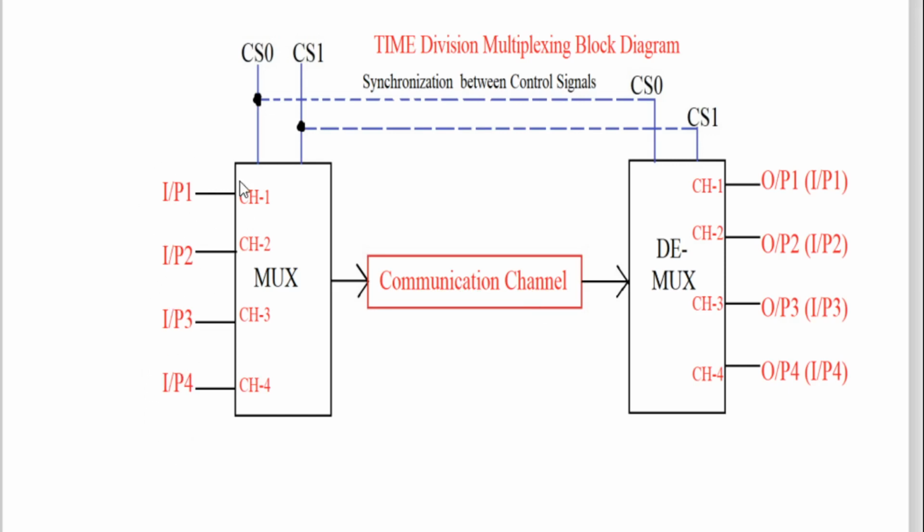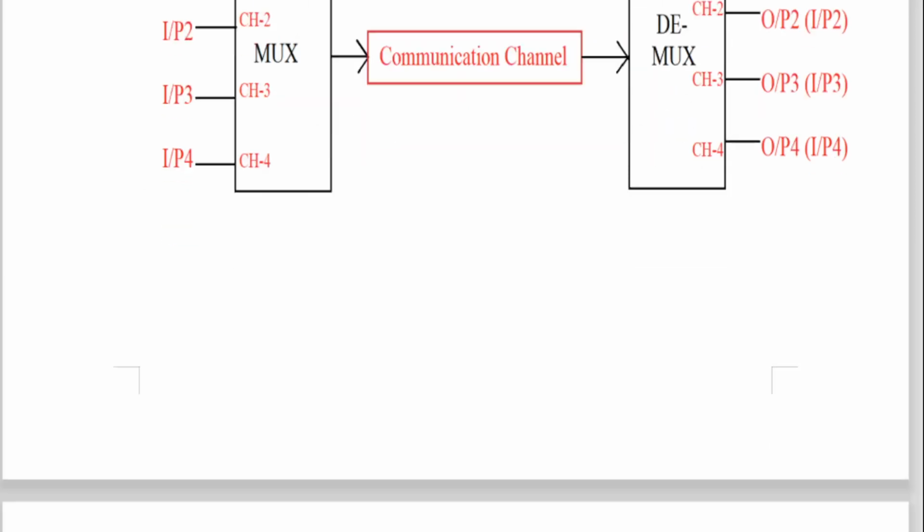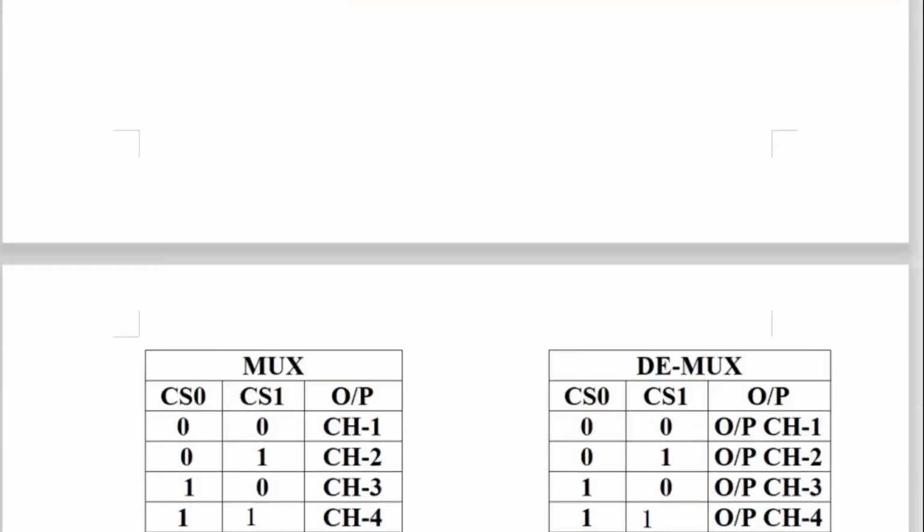Actually speaking, each information signal requires 4 kilohertz, so the total is 16 kilohertz. But we are using only 4 kilohertz bandwidth and sharing it between all 4 subscribers or 4 information signals, and that is what is called efficient utilization of the bandwidth.